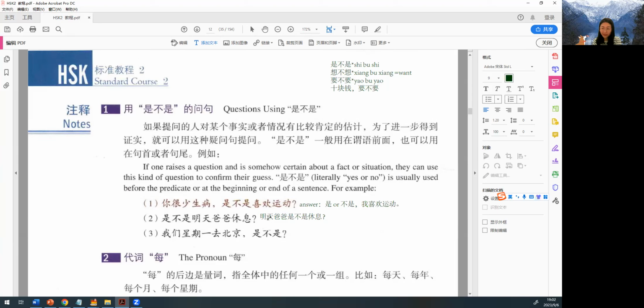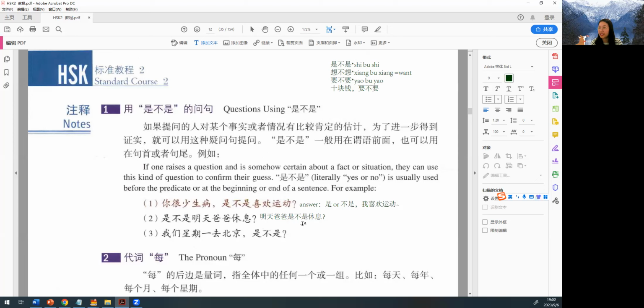But you can guess the meaning of this question. 明天, what is 明天? Yes, it's tomorrow. 爸爸 is father. 休息 is take a rest, take a break.